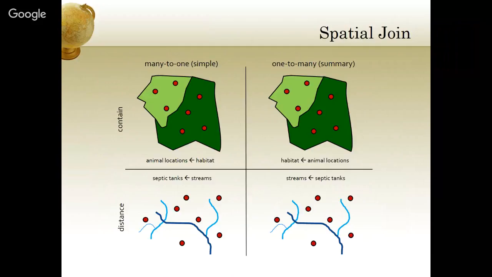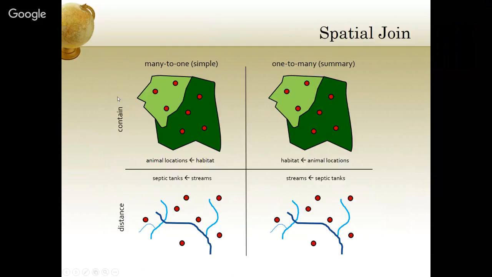To demonstrate that idea again, if we have a many-to-one relationship, it works just like it would for a tabular join, where here we want to append habitat information shown in the polygons to our animal locations represented by the points. Because it's a many-to-one relationship, we can just repeat all that attribute data from the habitat to every one of our animals.